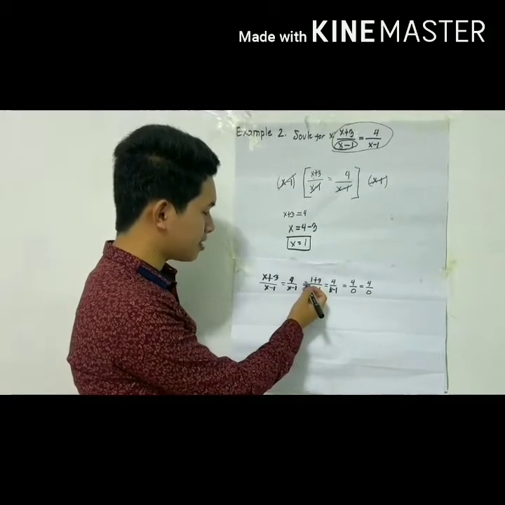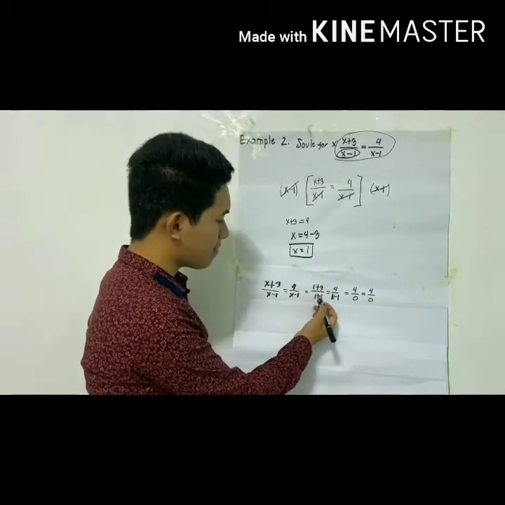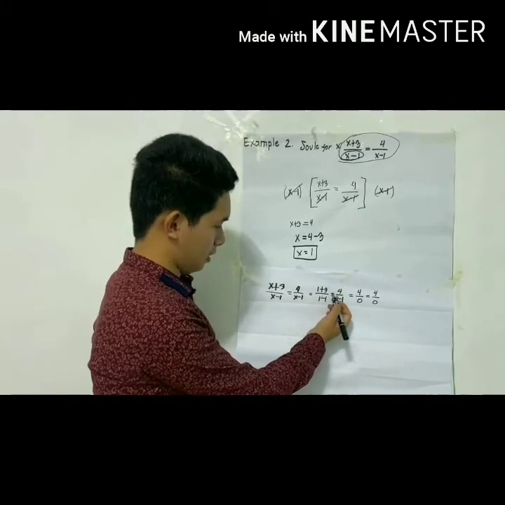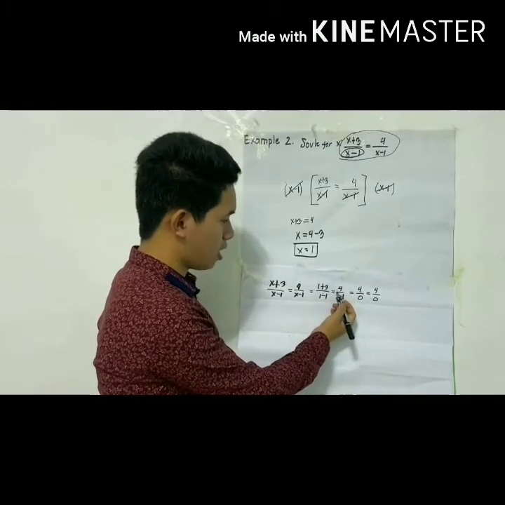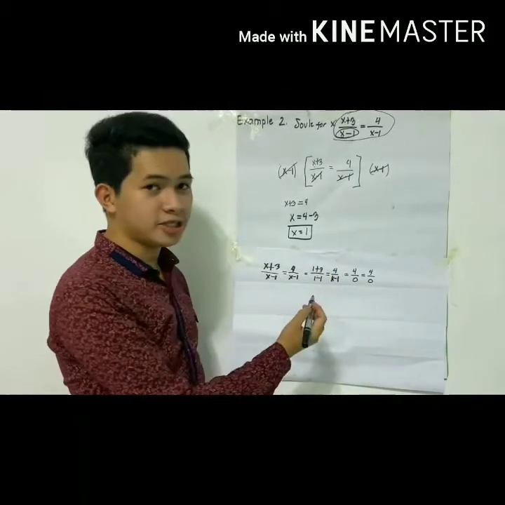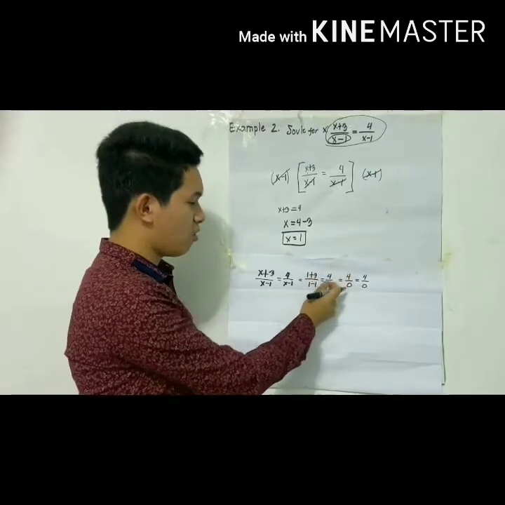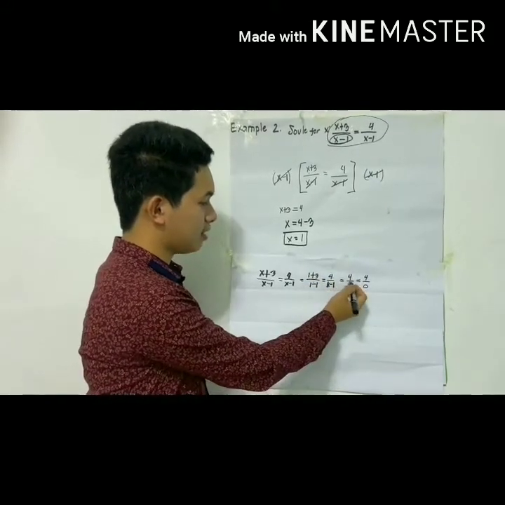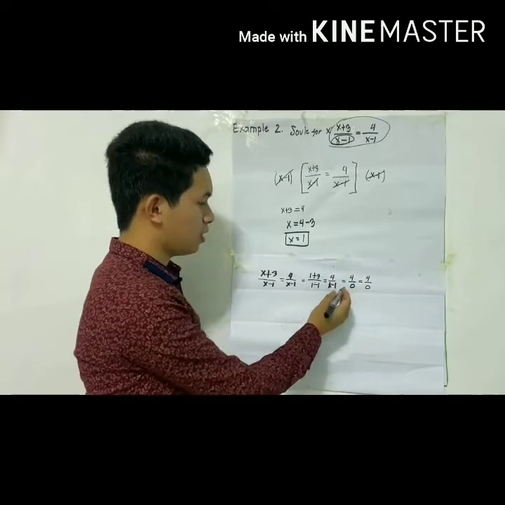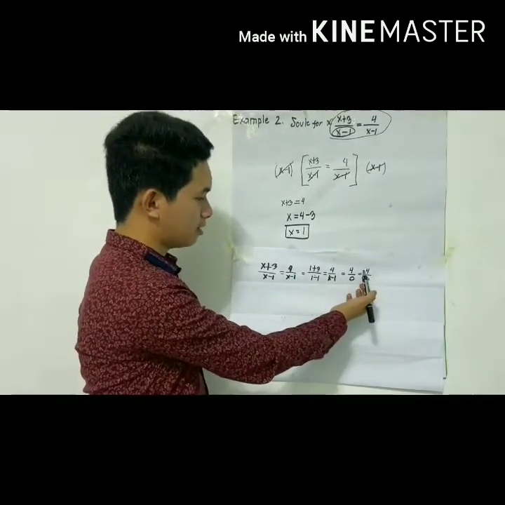So, i-substitute natin yan, magiging 1 plus 3 over 1 minus 1 equal 4 over 1 minus 1. Then, simplify. 1 plus 3, that is 4. 1 minus 1, that is 0. Same din sa right side, 4 over 0.